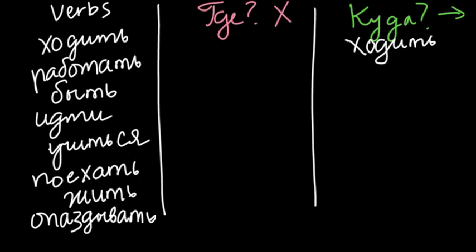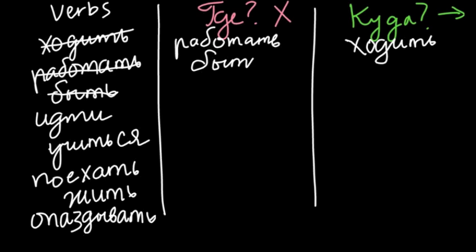How about работать? Работать is usually used with the location. Where do you work? And you work in a place. So работать will go with где. How about быть? To be. It's in a place. So быть plus prepositional with где.